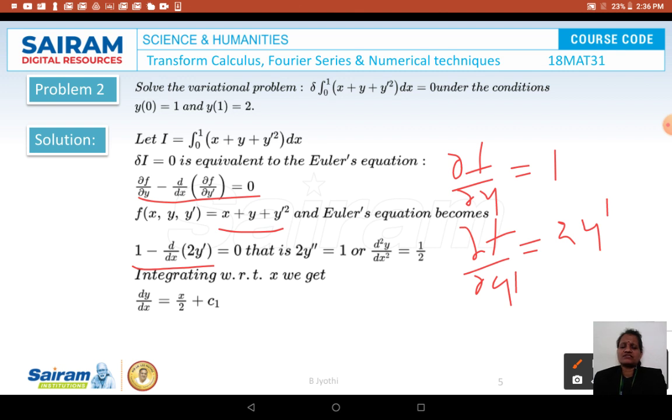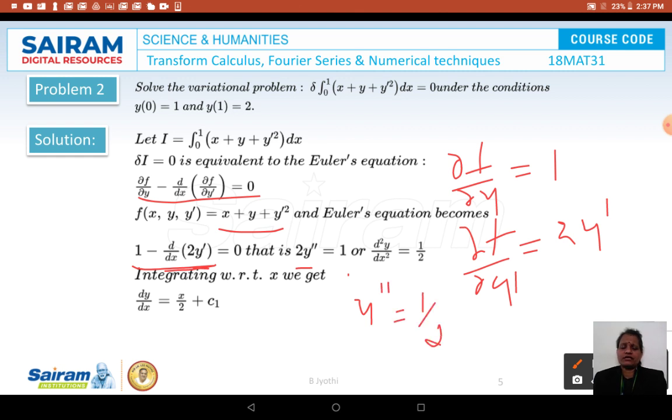So Euler's equation says dou f by dou y, that is 1, minus d by dx of dou f by dou y dash, which is 2y dash, is equal to 0. Therefore, the derivative d by dx of 2y dash will become 2y double dash. That 2y double dash is equal to 1, or y double dash is equal to half.